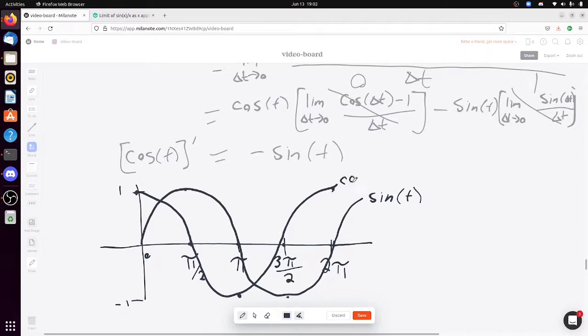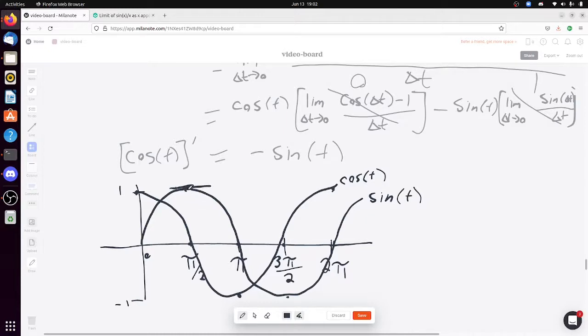So this one is cosine. But if you think about it, what's the derivative? The derivative is showing how fast something is changing. So let's look at sine at pi over 2. In previous videos we talked about how the tangent is the same idea as the speed or the derivative. Here's the sine function.